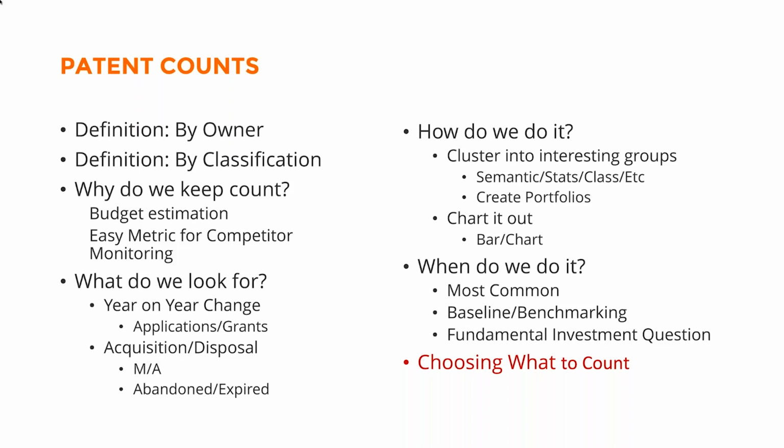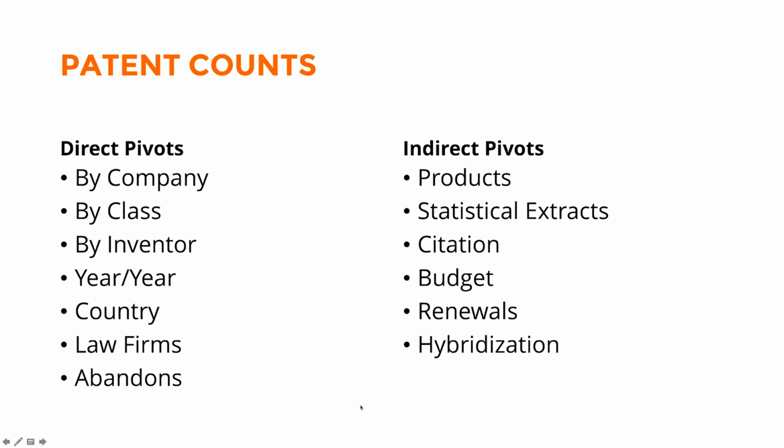So what you use to exclude the matters from being counted is very, very important for you to consider before engaging in a patent count, because like I said, anybody can give you a full company or a full classification count because it's basically an easy thing to do. But once you get into the level of sophistication about what do I care about, or what does my client care about, or what does my business executive care about, that's when patent counts really start to become monumentally complex and difficult to do.